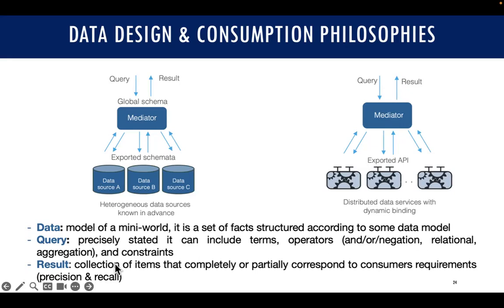And so the results are collections of items. They can be complete in the case of the relational models, or partial, as in the case of search engines, and they correspond to consumers' expectations. And when they are not precise, as I say, and when they are partial, there are scores that determine to which extent these partial results correspond to an answer to the question.